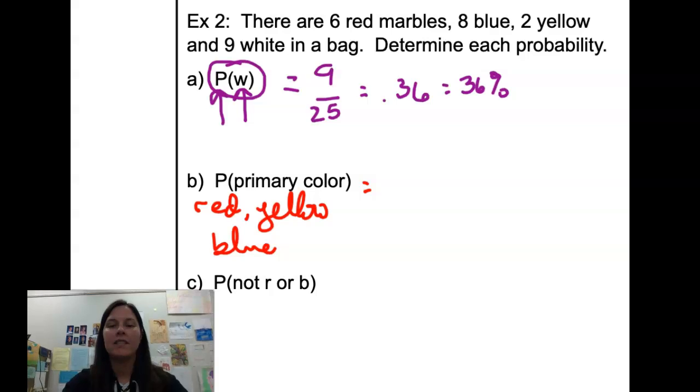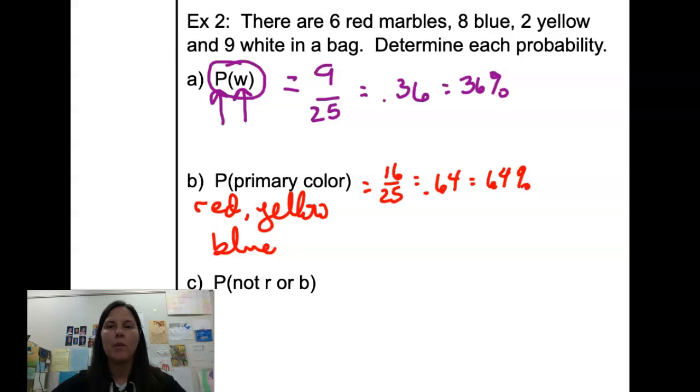So we have 16 marbles that are a primary color out of the 25 total marbles in the bag. That is also in simplest form, and 16 divided by 25 gives us 0.64. And multiplying that by 100, or moving the decimal 2 places to the right, we get a 64% chance of pulling a primary color marble from the bag.